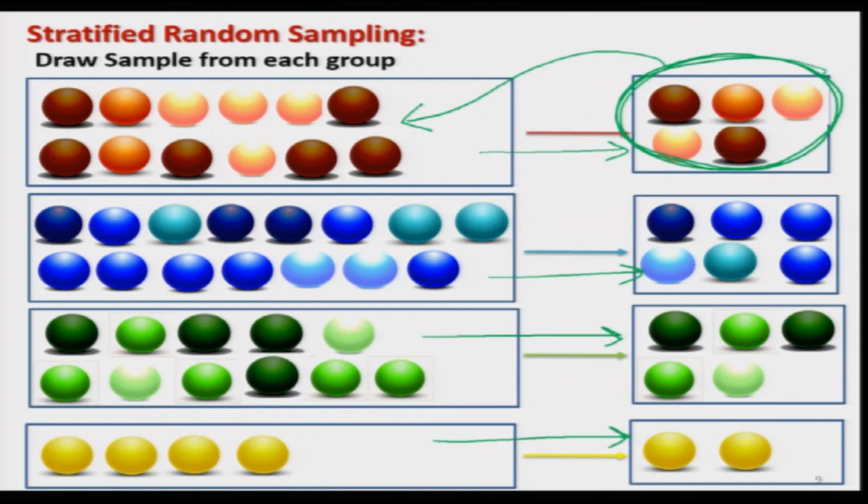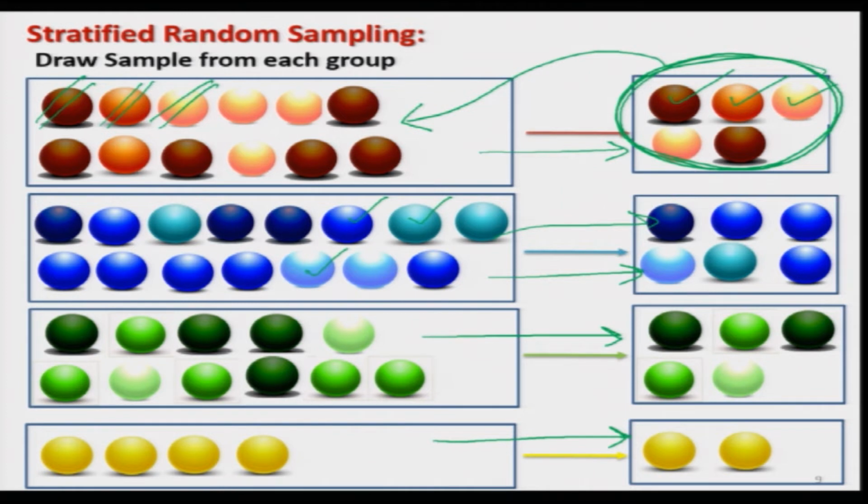So, you can see here, this is a representative sample, right. There are 3 shades: light shade of red, darkest shade of red and another shade which is lying between the two, and all these 3 shades are present in the sample. And similar is happening in the blue color also: light blue, medium blue and dark blue. So, they are also present in the second sample, and the same story is continued in the third and fourth sample.